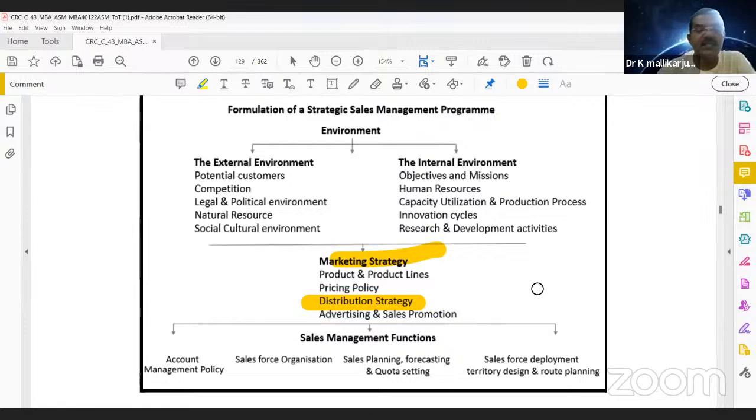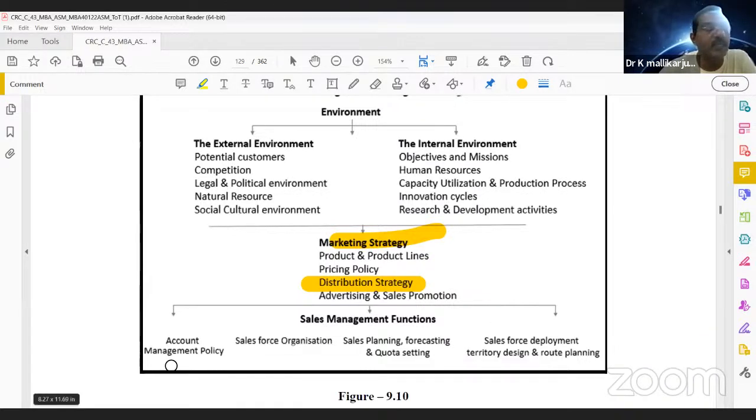So once the marketing strategies are there, now the sales management functions also come in, like account management policy. The company has to maintain a proper accounting management policy and a fair system. Sales force organization is very important. It's most important.